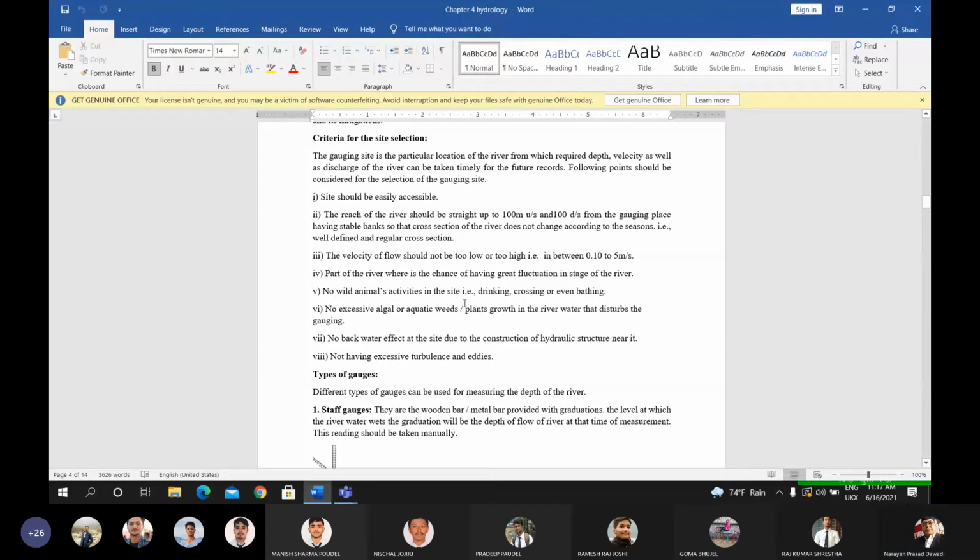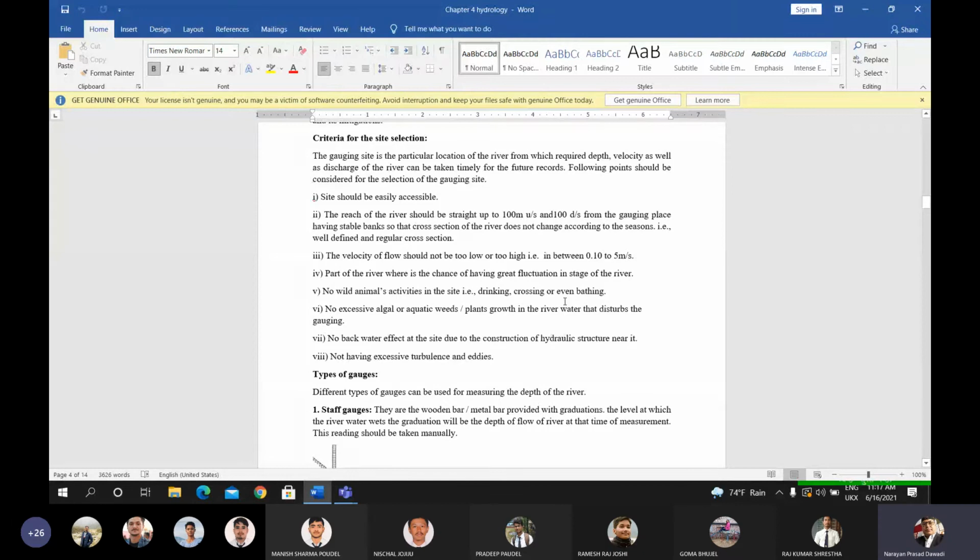That is, the site should not be used by wild animals for drinking, bathing, or even crossing. If one goes there to measure the discharge, the wild animal can attack him, or seeing a human being near their territory, the habitat of the wild animals may be disturbed.